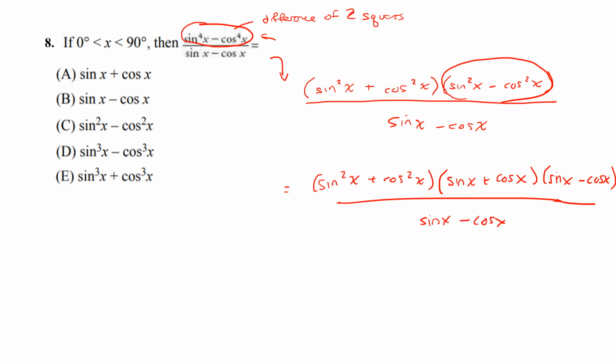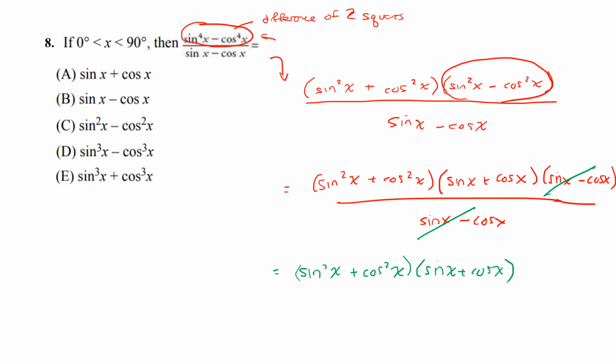Excellent. So now we've simplified things. We can eliminate those two. And now we're just left with sine squared x plus cosine squared x times sine x plus cosine x.